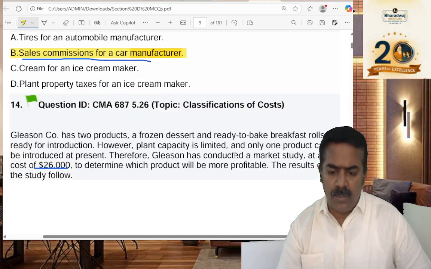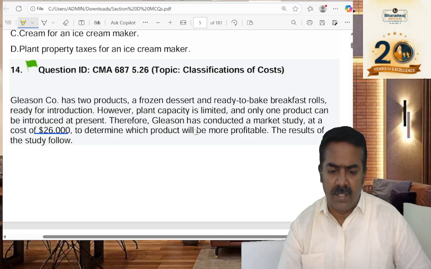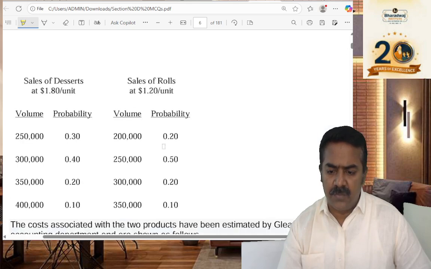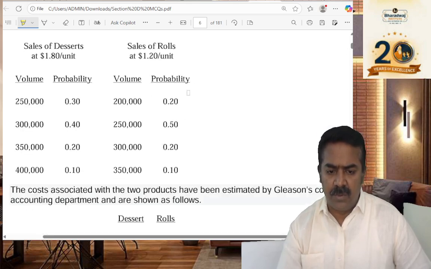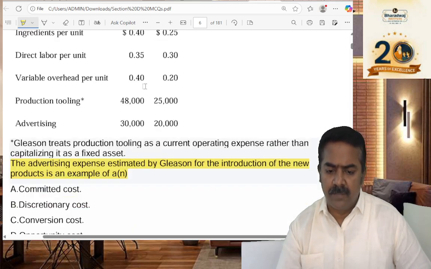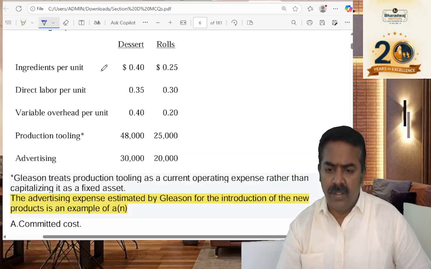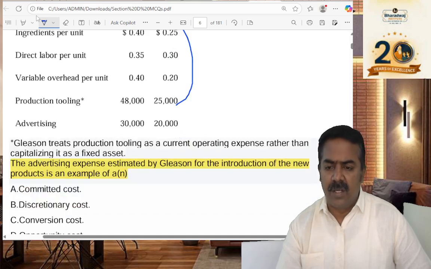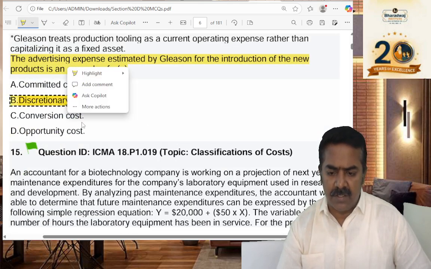Plant capacity is limited, only one product can be introduced, therefore they conducted a market study. Which product is more profitable? Sale of dessert, sale of rolls are given. The costs associated with the two products have been estimated. Ingredients per unit, direct labor per unit, variable cost, all these things cannot be avoided, but what can be avoided? Advertisement cost is at your discretion, so it is a discretionary cost.